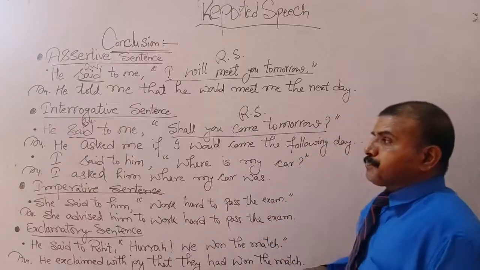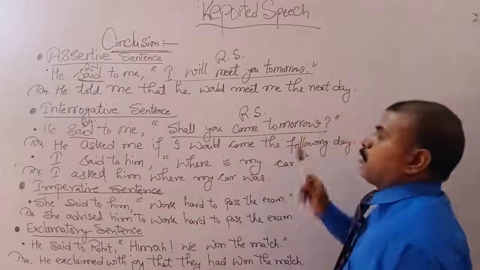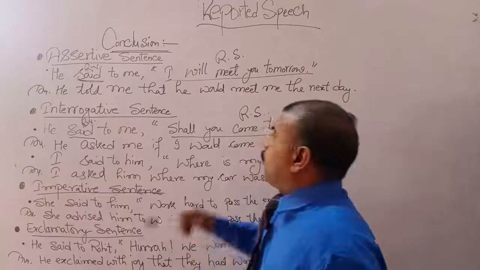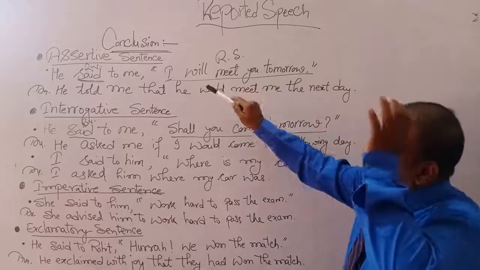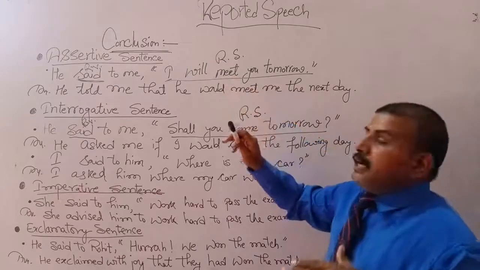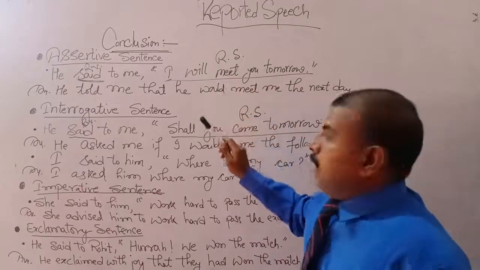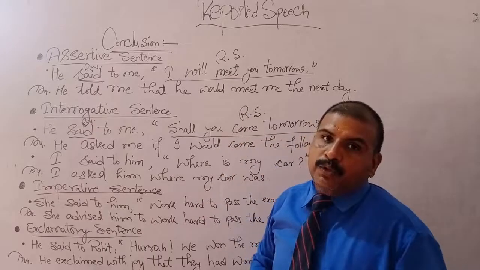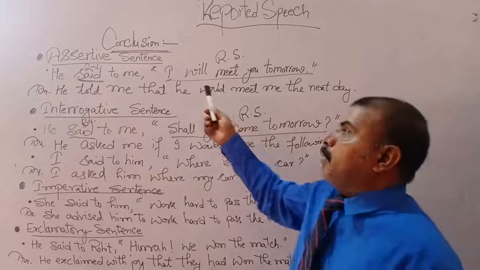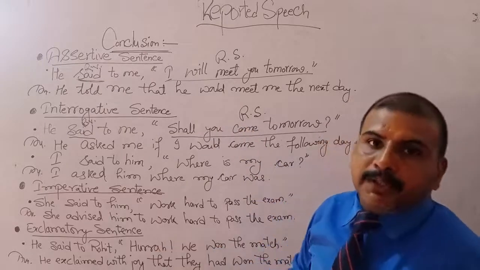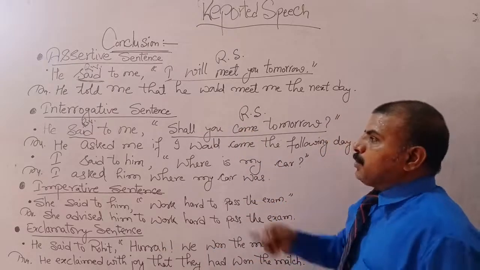Now here, shall you come tomorrow denotes future indefinite, simple future, like in the previous example. The past form of will is would and the past form of shall is should. Whether we use should or would depends on the person: first person, second person and third person.